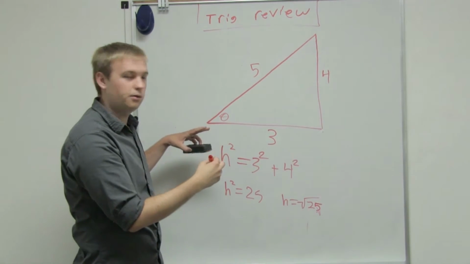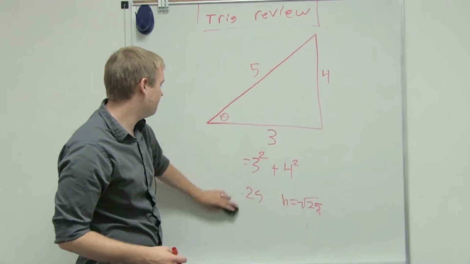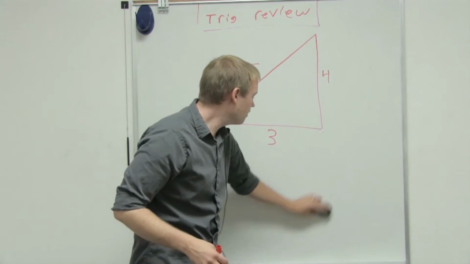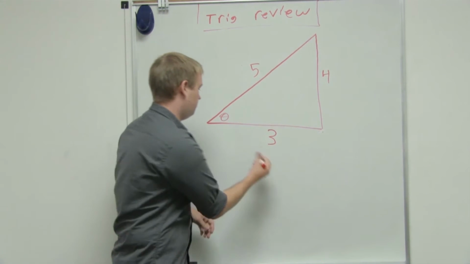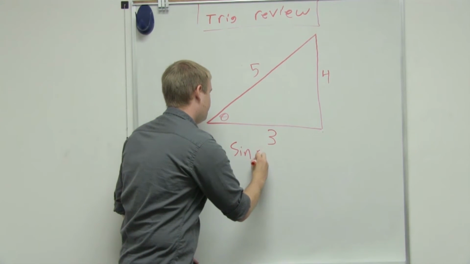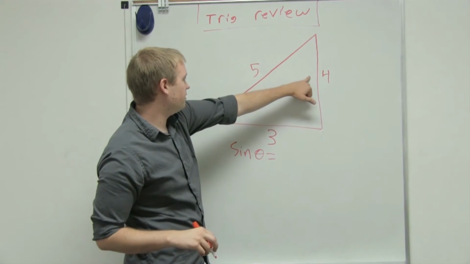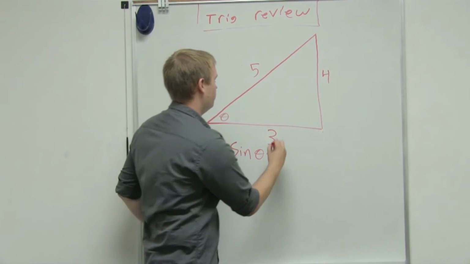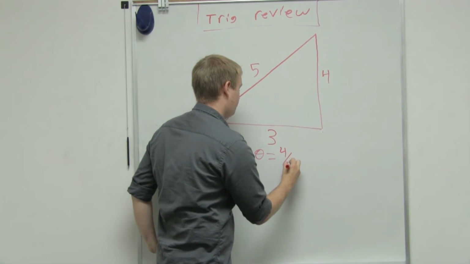From this, we can now go on and find this angle right here. Let's just use sine. We know that sine of theta equals opposite over hypotenuse, so 4 over 5.